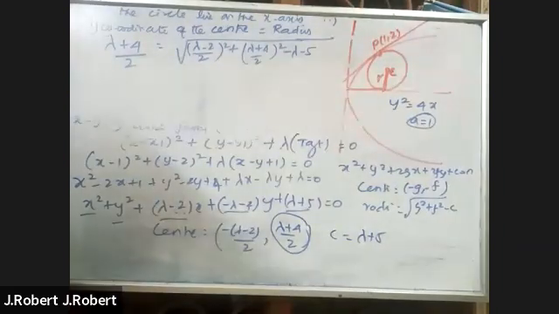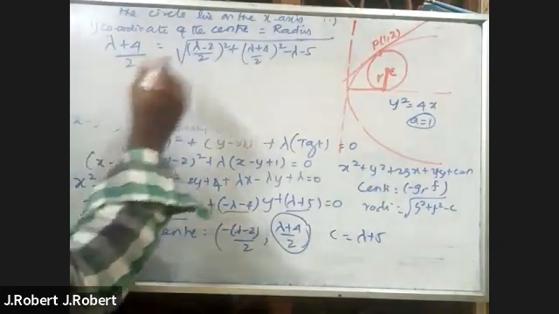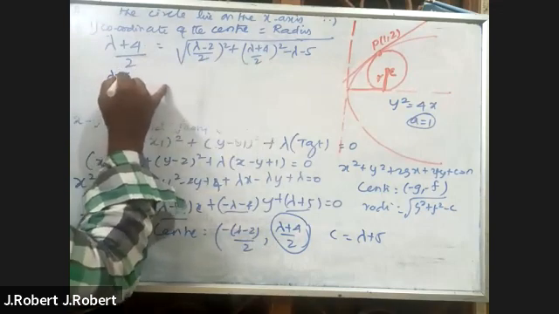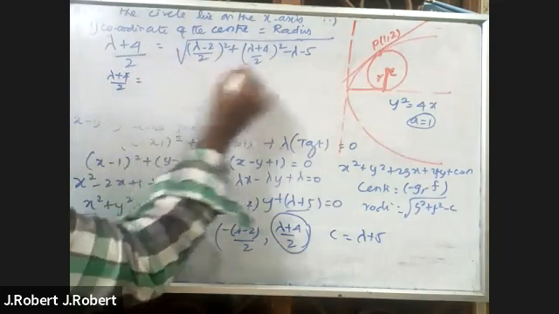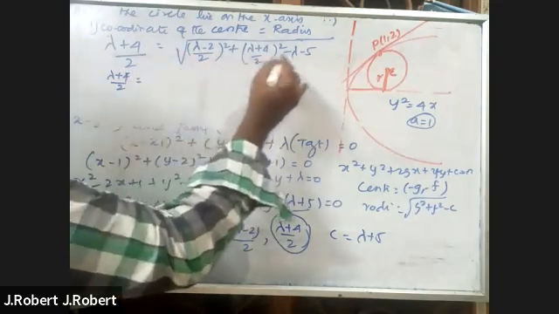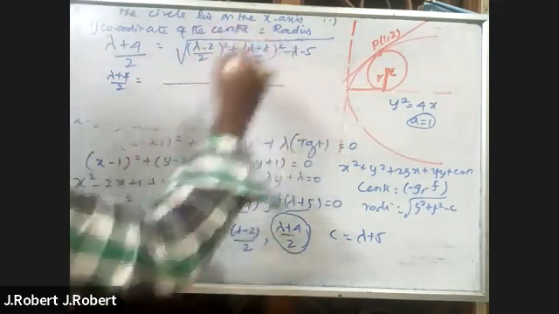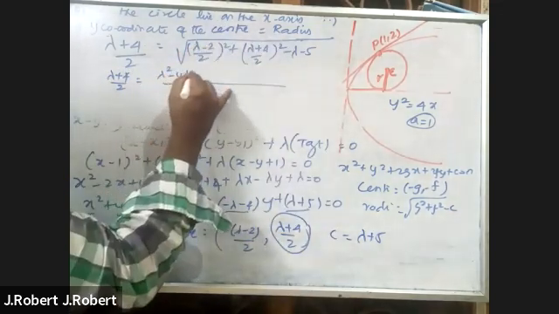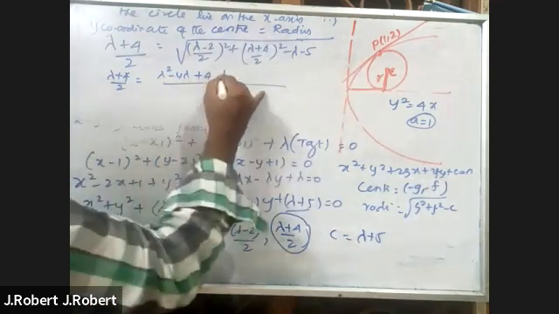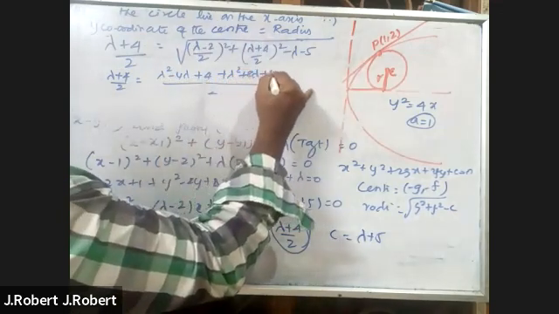So expand this: lambda plus 4 by 2 the whole square. Below we have 2 square, 2 square; taking LCM 4, square root of 4 gives 2. Expanding, we get lambda square minus 4 lambda plus 4, and lambda square plus 8 lambda plus 16.